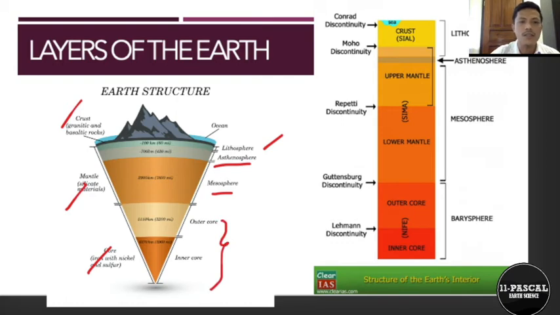Now, between these layers, we have the different boundaries, or the discontinuities, from the crust or the lithosphere going to your mantle.